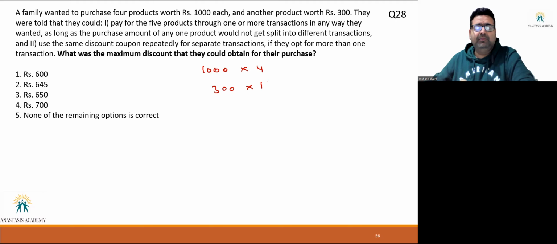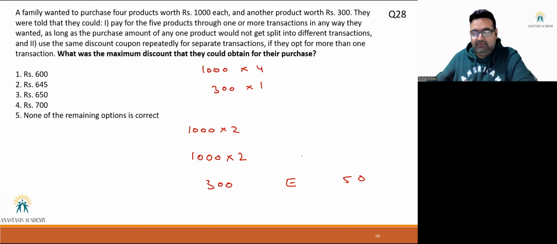So I made two possible answers for this. Both of them are giving the same answer. One was that I did one billing of 1000 and 1000 together, another billing of 1000 and 1000 together, and one billing of 300. In this, I used coupon E and got a flat discount of 50.